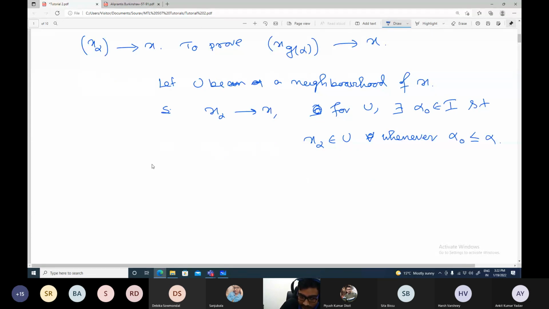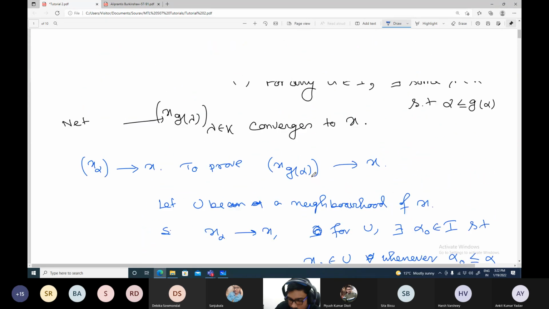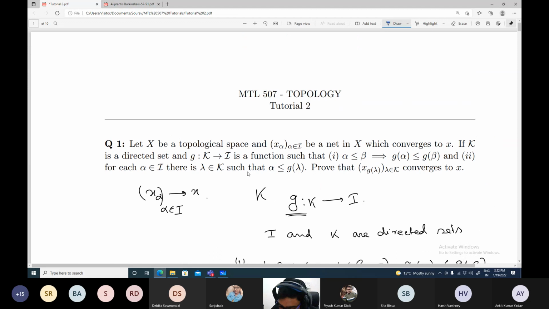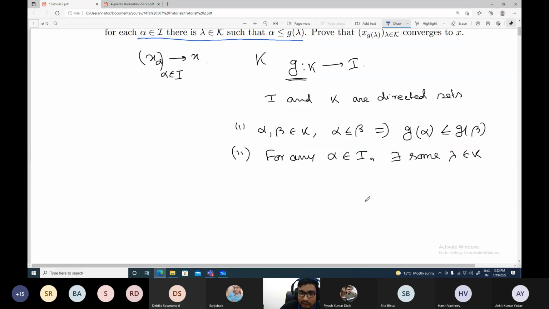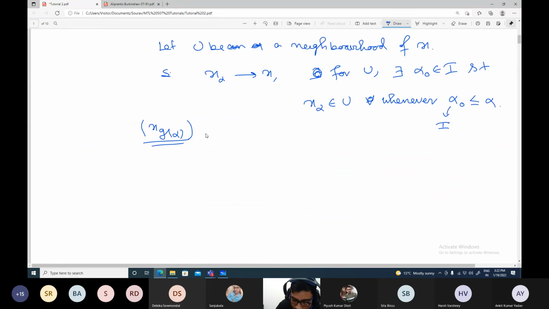Now we will move to the second case, X of G alpha. Okay. So you see here you have one element from I, and by the second property, for alpha belongs to I there is lambda in K such that alpha is less than or equal to G lambda. So for alpha naught, there exists some lambda naught such that alpha naught is less than or equal to G lambda naught holds.